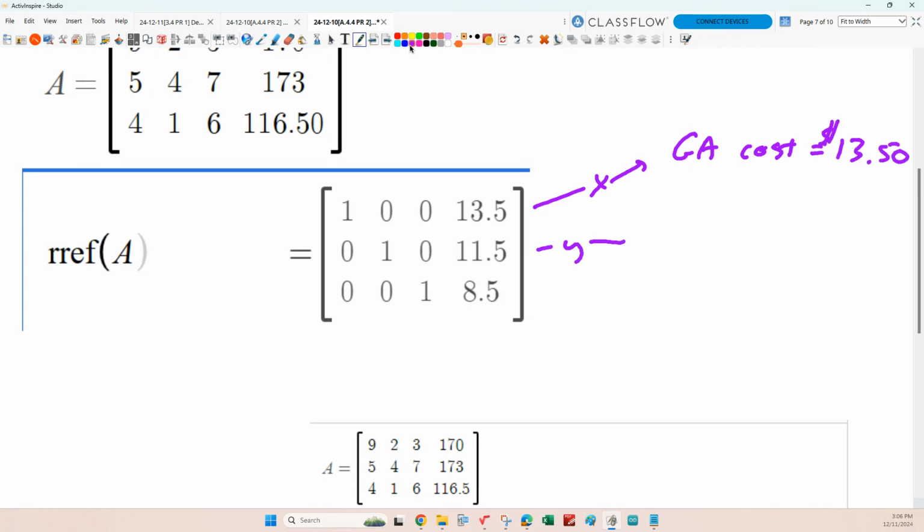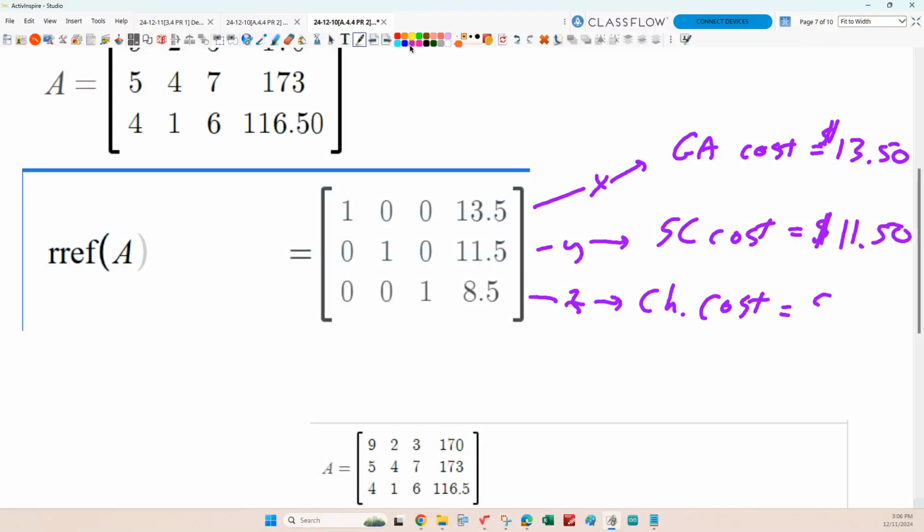This is Y. So that's telling me senior citizen ticket price is 1150, and that's Z. So it's telling me child ticket price is 850. Good? Okay?